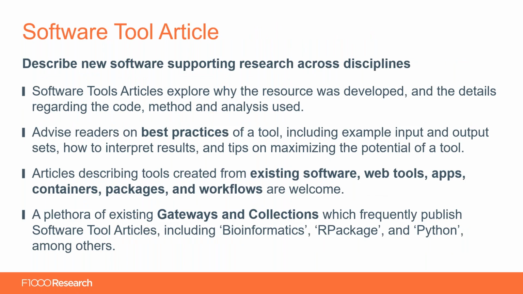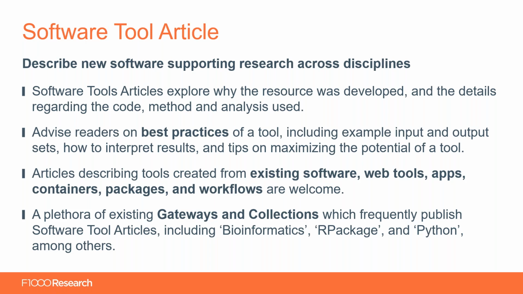Great, thank you, Jack. So the final example of a diverse research output that we'll be discussing and providing an example of today would be a software tool article. A software tool article will often mandate the inclusion of the rationale for the development of the tool and details of the code used for its construction, in line with our open source policy.